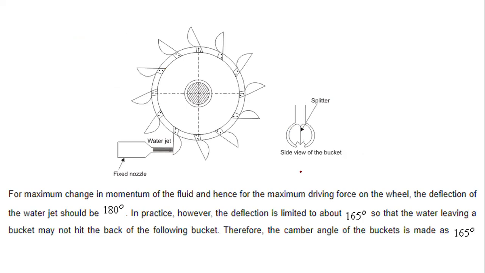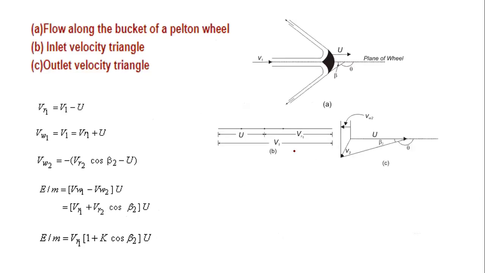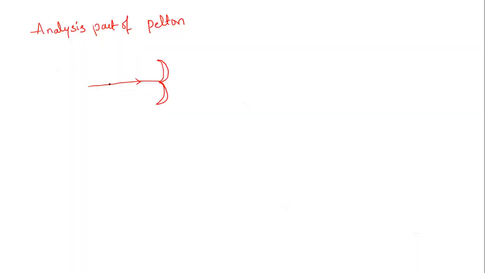Whenever the jet hits this splitter, the jet will divide into two. The single jet will go through the circumferential part of the splitter, and a two-way division takes place when it hits the splitter here.